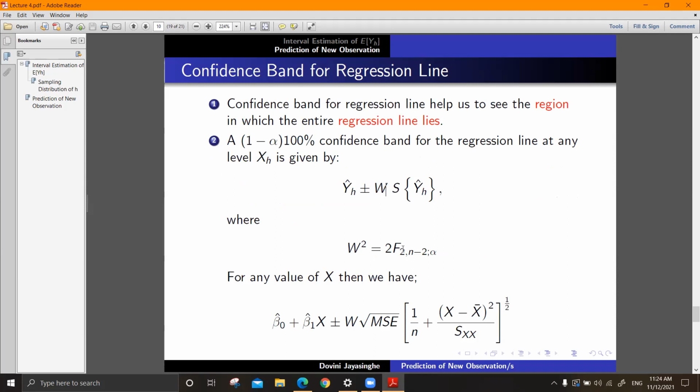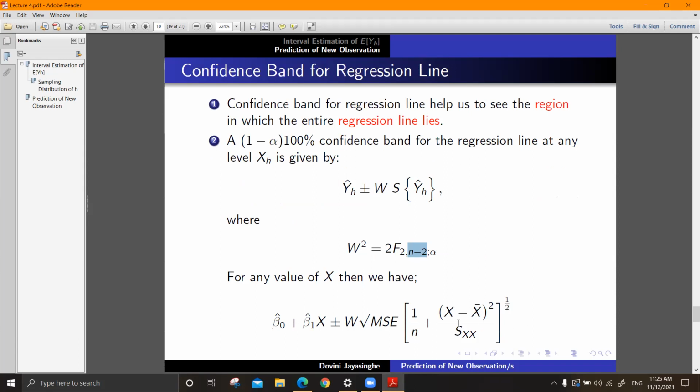So 2 times F, this is the numerator degrees of freedom, and this is the denominator degrees of freedom. And when you are plugging in the value here, you have to take the square root. W squared becomes W. So this is basically the confidence band.